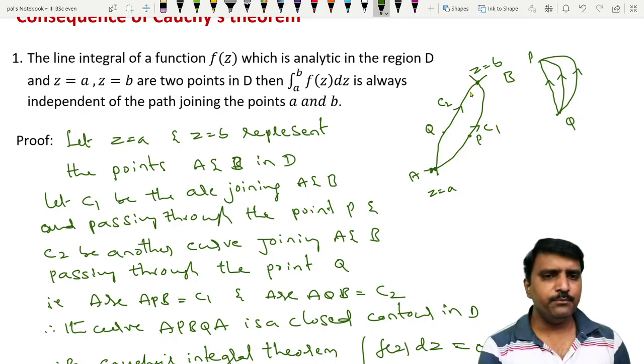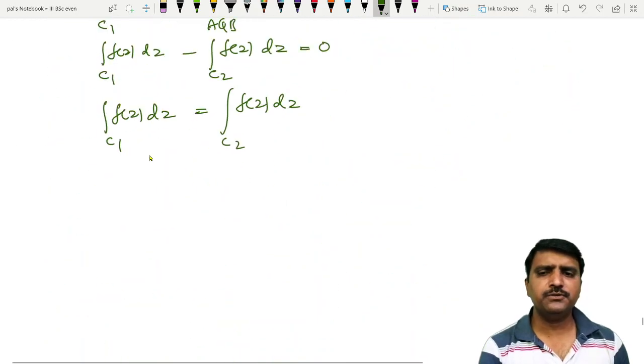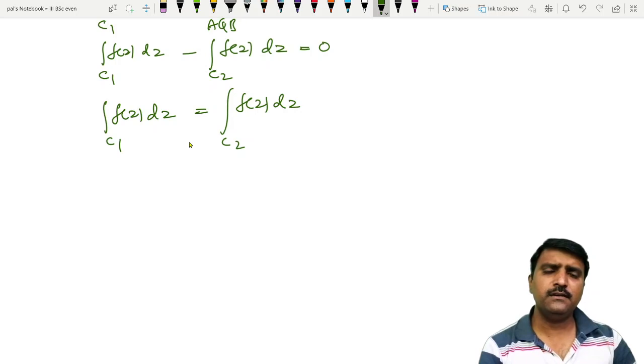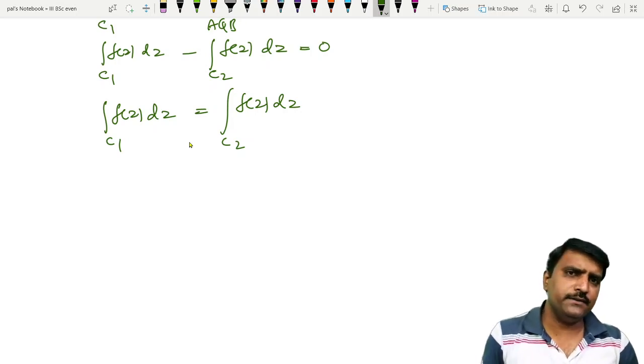If you take its integration of f of z over any path between A and B, in both the cases we consider arbitrary paths. We took some two paths. So in both we show that the integration of f of z dz over those paths are the same. So it is possible only when f of z is an analytic function.